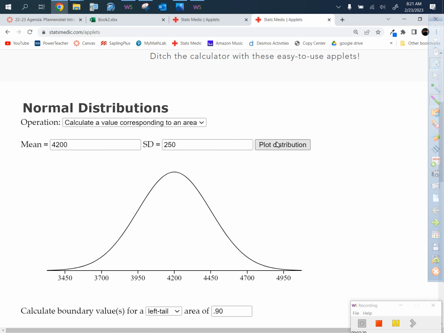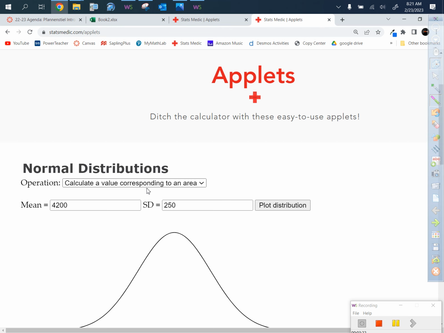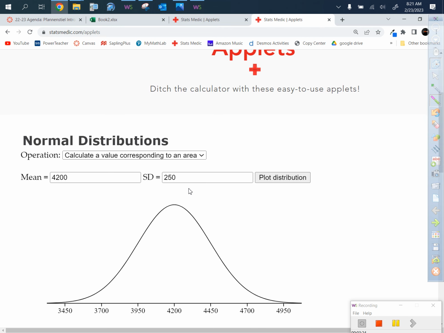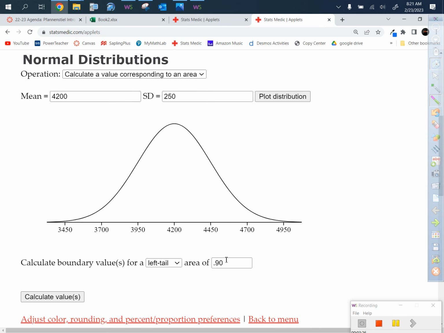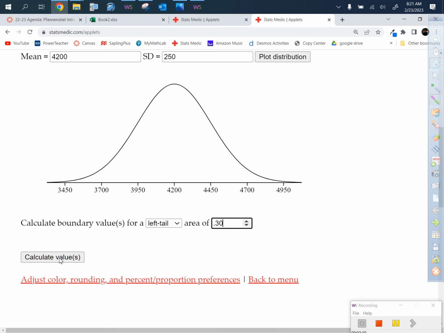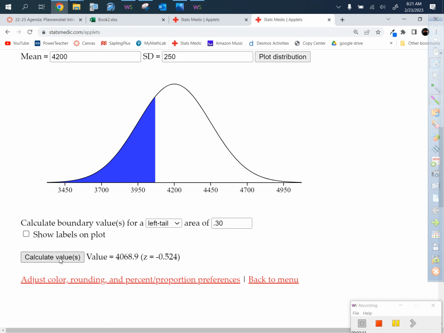Plot the distribution. We still got to have it on the menu of a value corresponding to an area. So I've got that. They want the 30th percentile, so you just change this to 0.30, and it will do it for us. And that's $4,068.90.